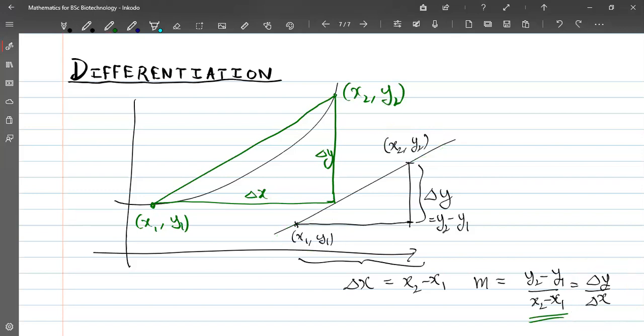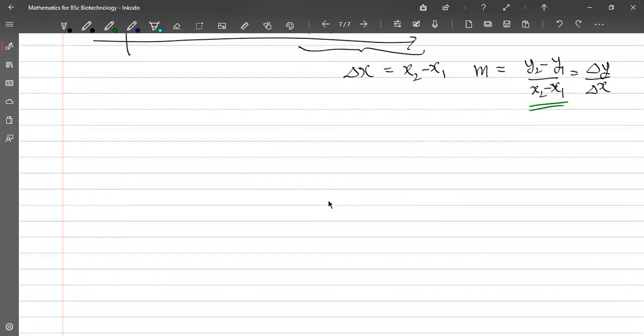But on any other curve, it is clear that this will keep changing. So for example, take a more extreme example. Suppose this was the curve. If you take 2 points here, x1 y1 and x2 y2, then here the change in y is 0. If this is perfectly parallel to the x-axis, change in y is 0. So here delta y by delta x is 0. Delta x is there, we are increasing x, so we are taking 2 distinct points, but still y is not changing.